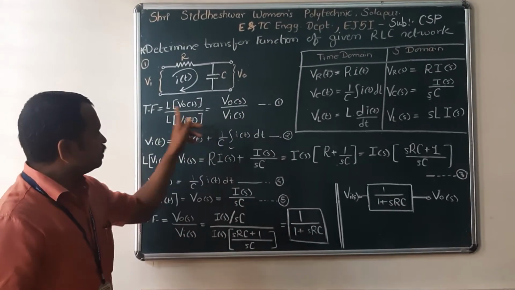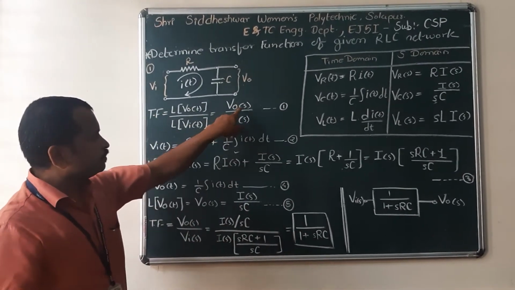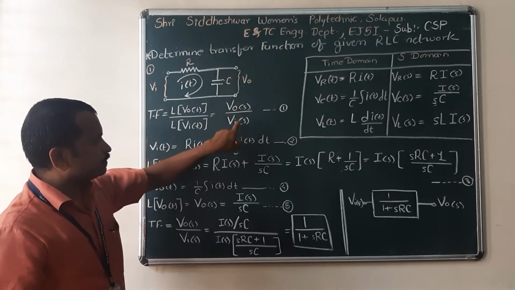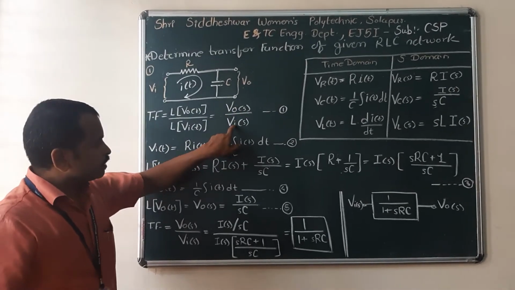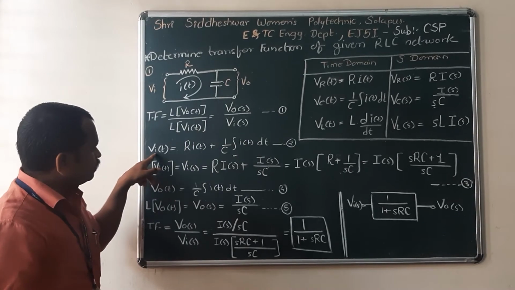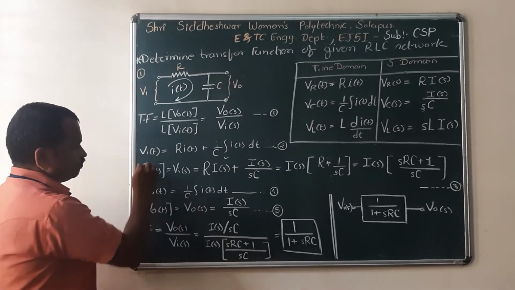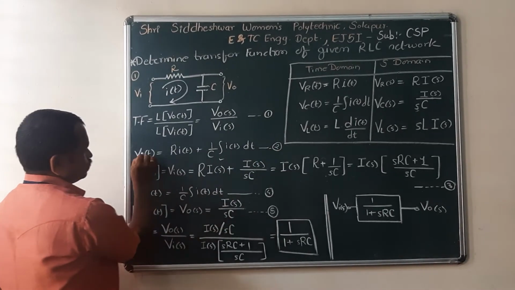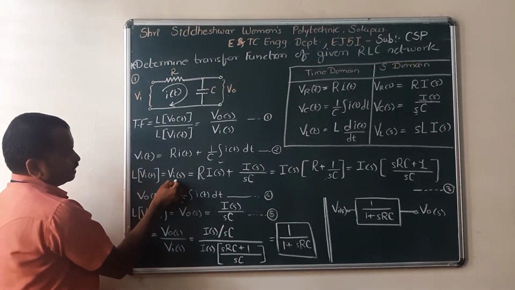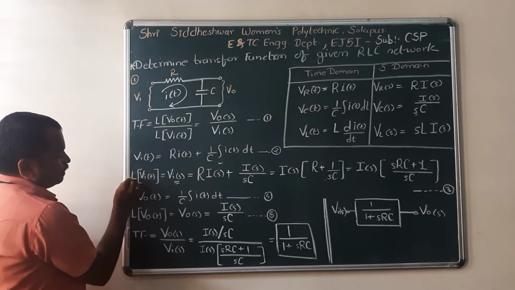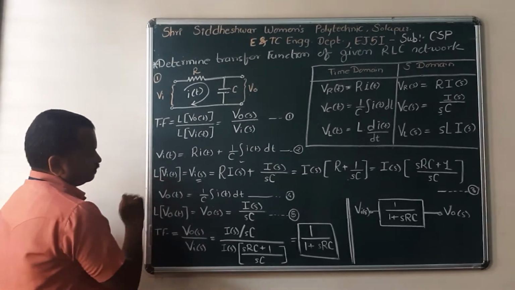First equation is the transfer function. What do we have to find out? We have to find VO of S and VI of S. First we have VI of t in time domain; this is the second equation. To convert it into VI of S, take the Laplace of VI of t.